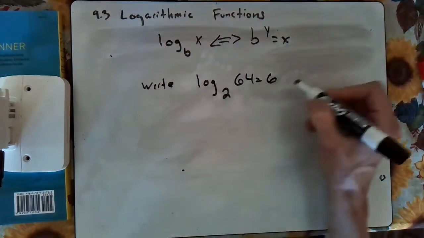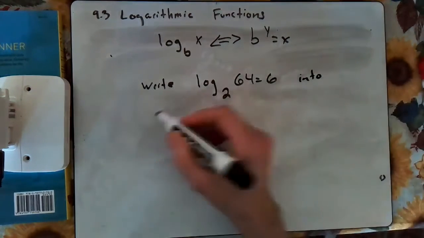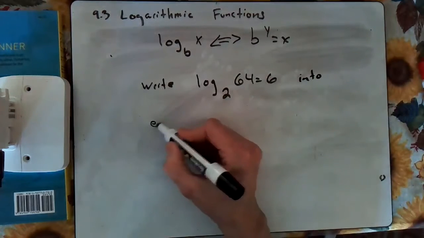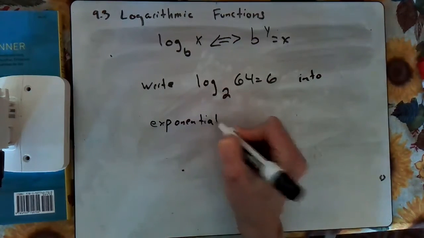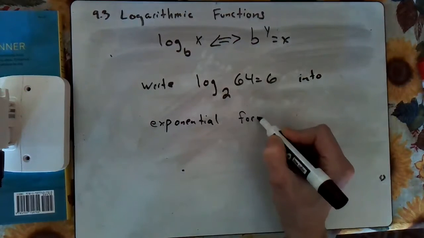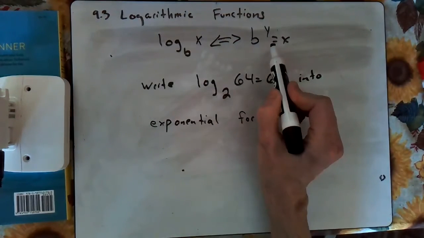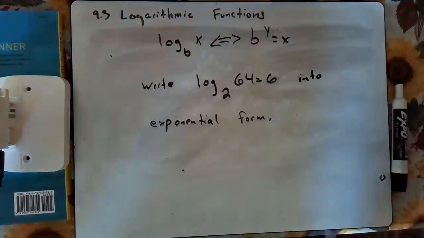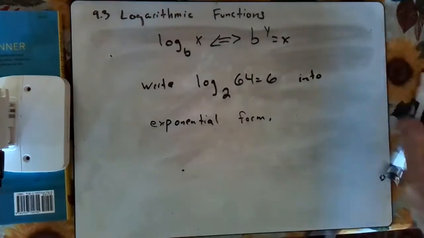Log base 2 of 64 equals 6. We want to write that out into exponential form. So what are we trying to do? We're just trying to go from here to here. The easiest way to do it is write the definition. I need a y equals right here.